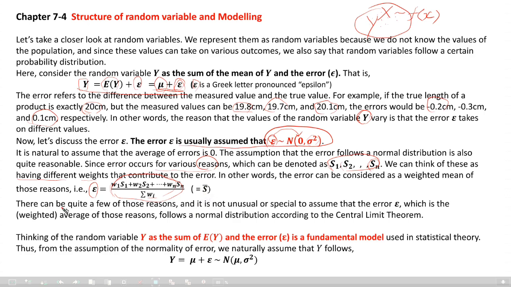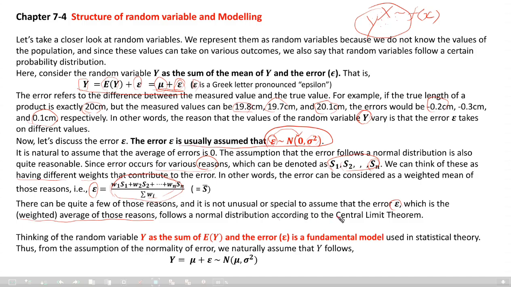There can be quite a few of those sources, and it is usual, not special, to assume that epsilon, which is the weighted average of those sources, follows a normal distribution. Why?